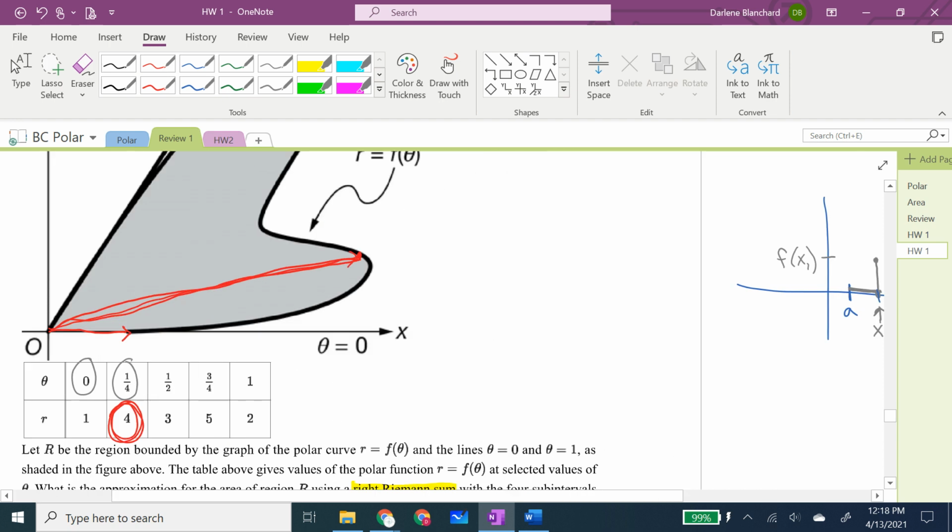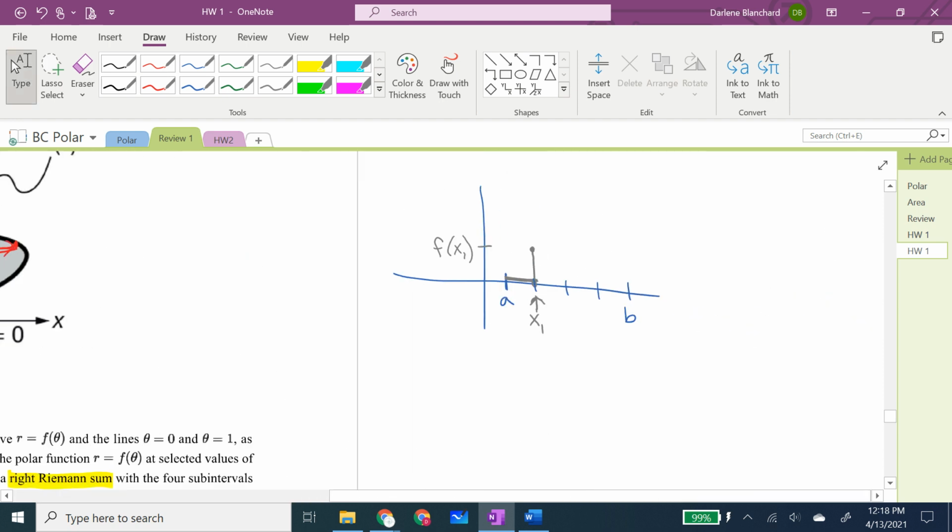Now, when you did right Riemann sums back in the day, you were just dealing with an integral that was literally just f of x times dx. And so you could take the height of that rectangle and multiply that by the width of that rectangle, and you've got area.